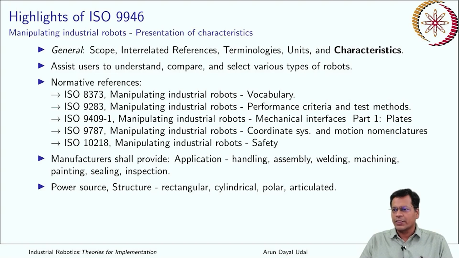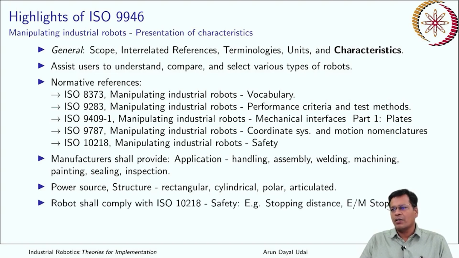Now robots shall also comply with ISO 10218, the safety standard that is defined here also. That also defines stopping distance. Let's say you have applied a brake, how far will it further go, how much is it going to overshoot.